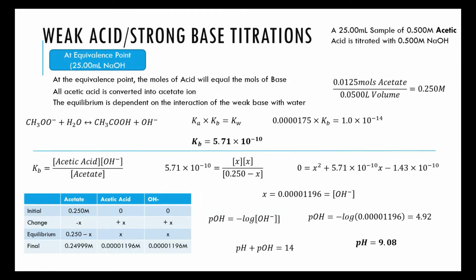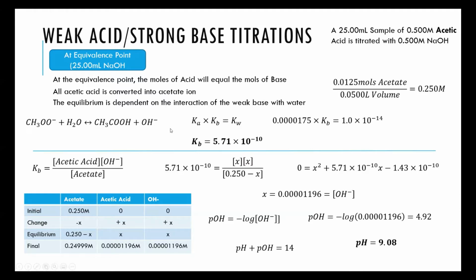Once you reach the equivalence point of a weak acid and strong base titration, the moles of acid are equal to the moles of base. That's what the equivalence point is. So now all of the acetic acid is converted into acetate ion and water.